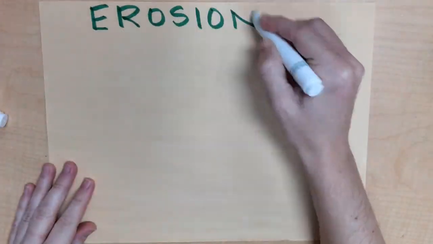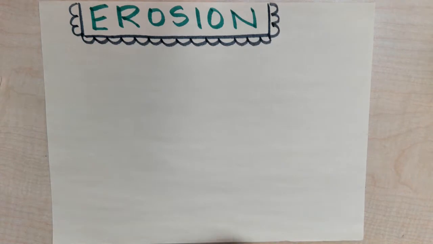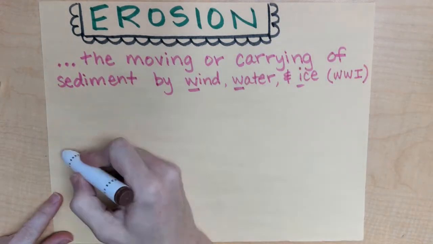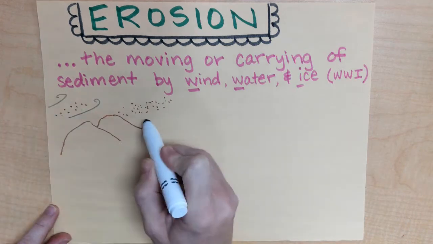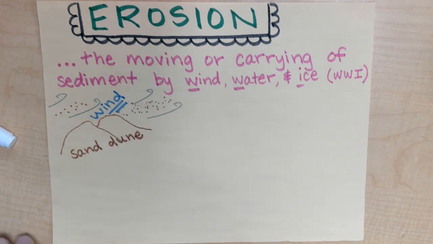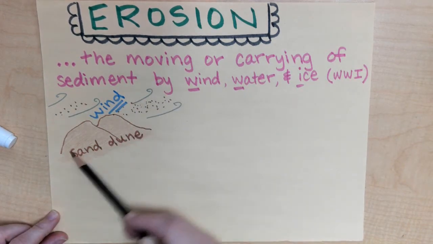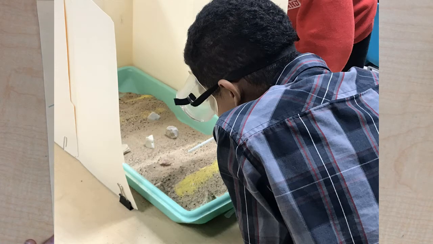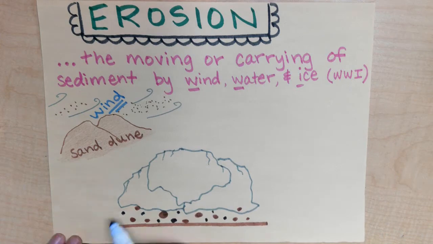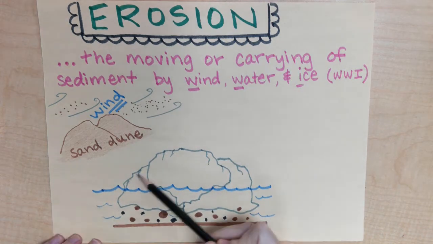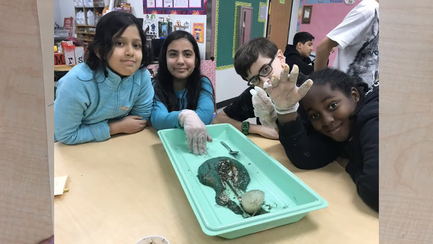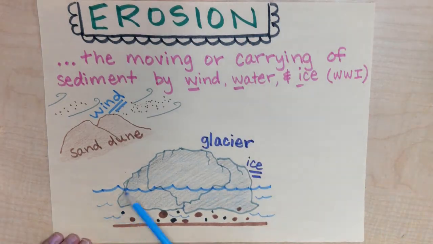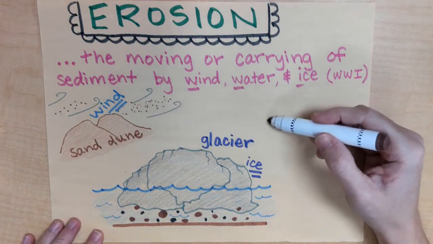And erosion is the moving or the carrying of those sediments by, again, wind, water, or ice, WWI. So think of a sand dune. The wind is blowing those sand sediments. Or a glacier. That huge chunk of ice is moving those rocks and pebbles and stones. Or think of a delta being created.